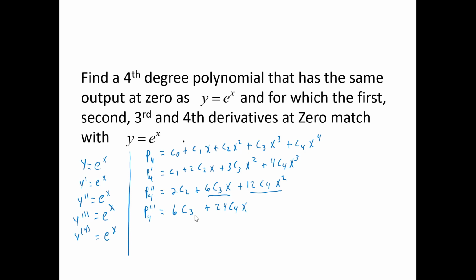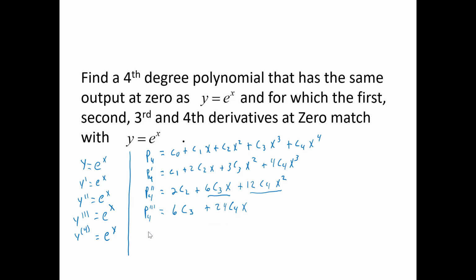And when I go to find C3, then I will plug 0 in for x. The only term that will be left is this 6C3, which is the same thing I had in the last problem. And my C3 will again equal 1/6. Okay.